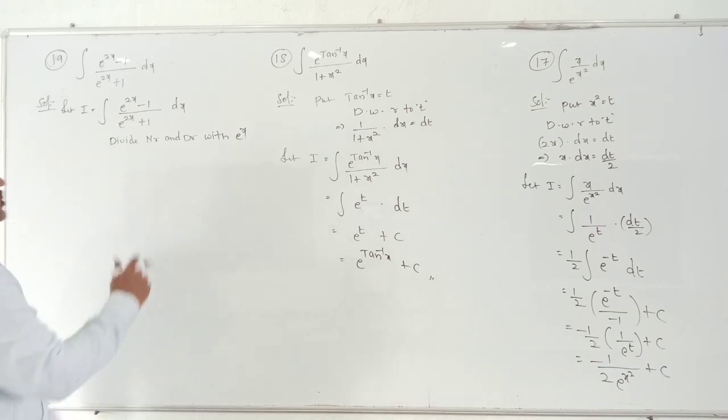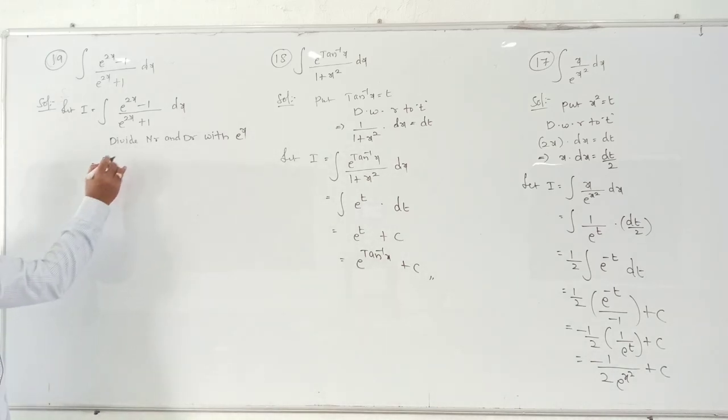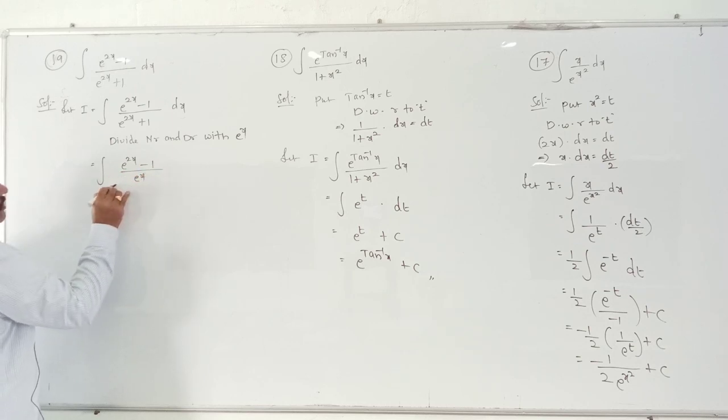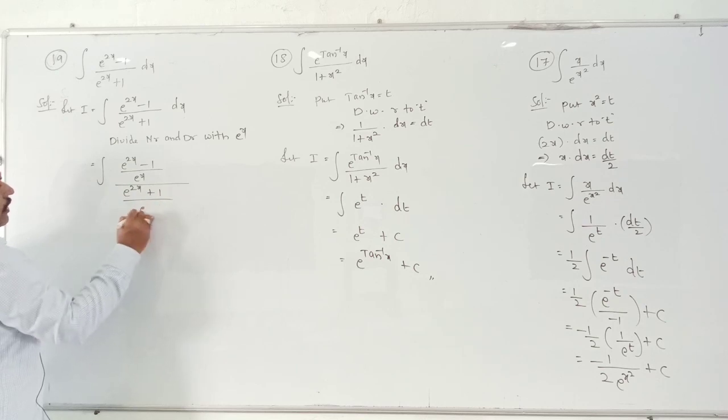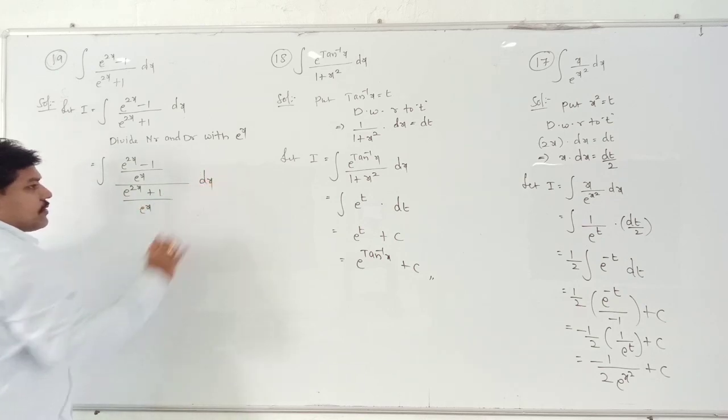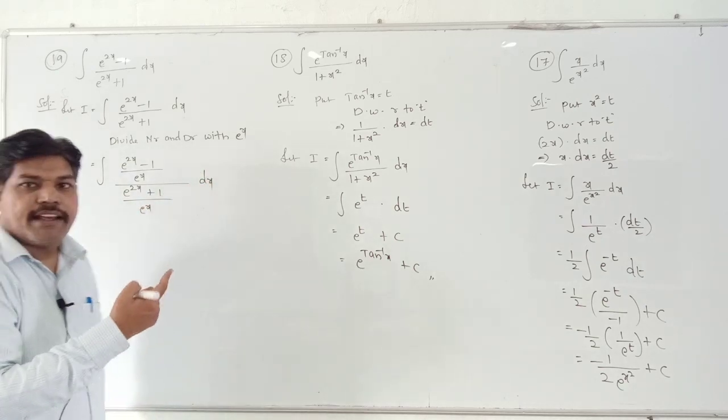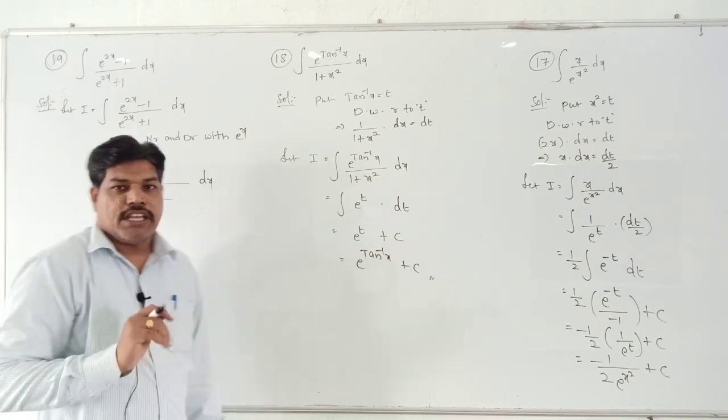What happens? See that one, that is equal to the integral of e power 2x minus 1 by e power x, by e power 2x plus 1 by e power x, into dx. So what did I do? I divided the numerator and the denominator with e power x.